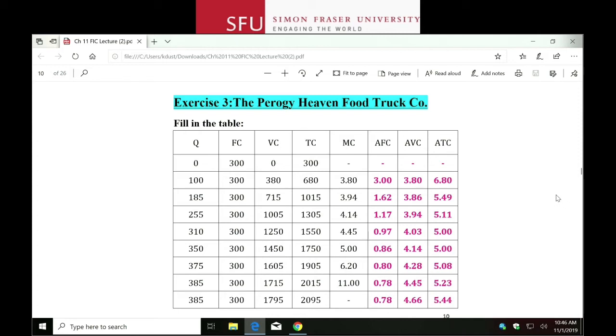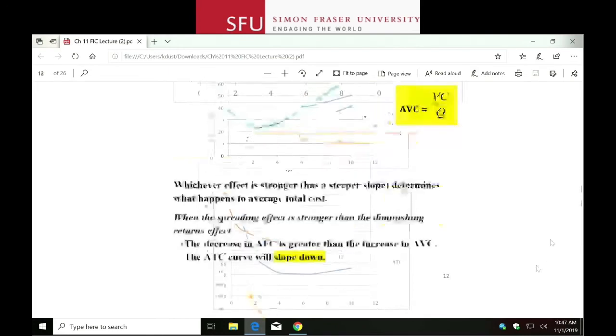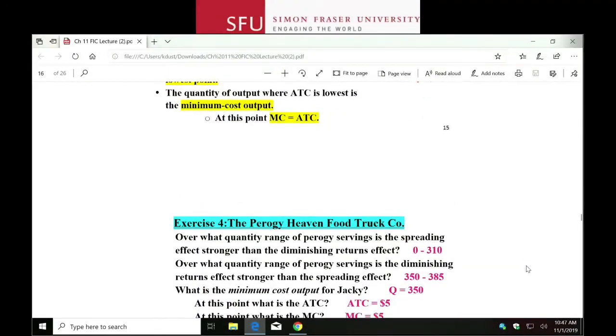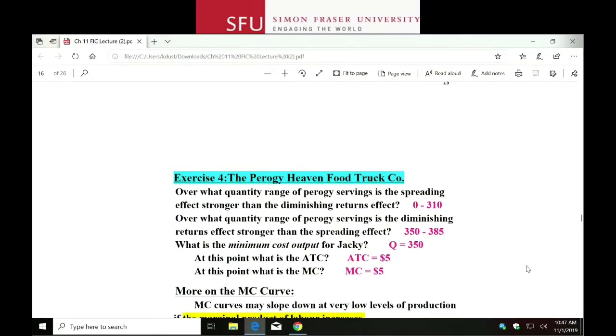So that's at 350. Okay, all right, and so then that will be at $5.